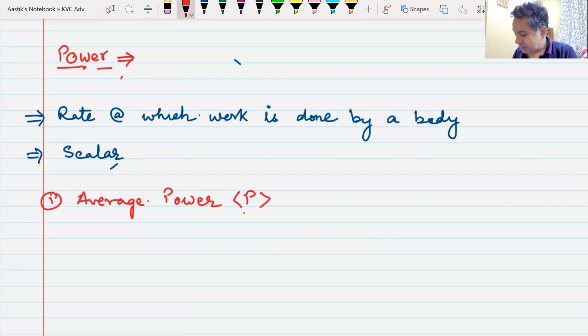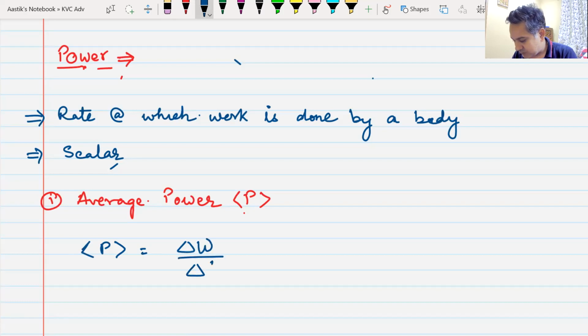Now, whenever we talk about average power, this average power is always between 2 points. So the formula of this average power becomes total work divided by total time.